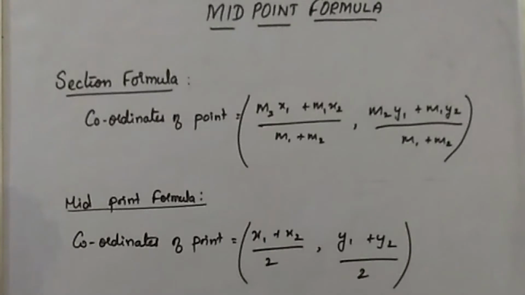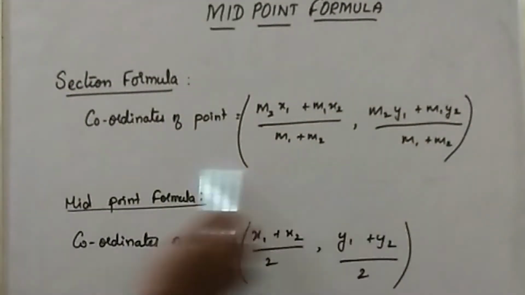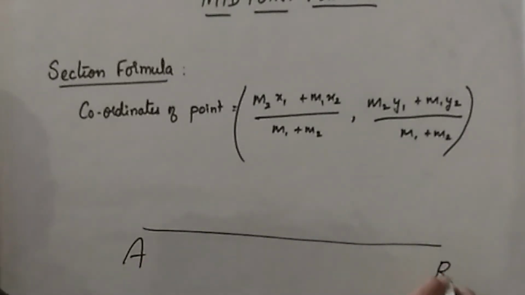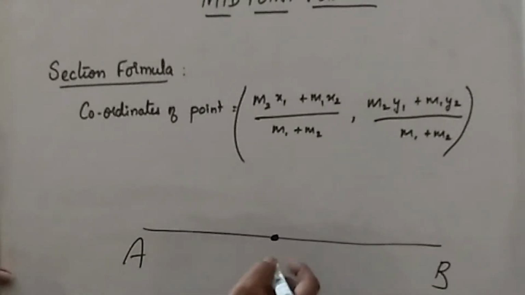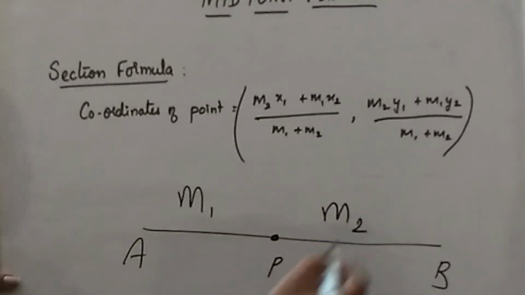Okay. So in the first exercise, we are going to apply the section formula only. Now see, this is a line AB, and this AB is divided by one point, that we can keep as P, in the ratio M1, M2.